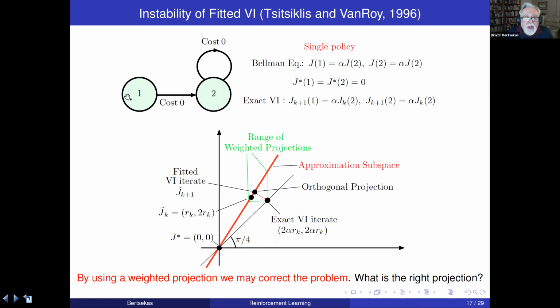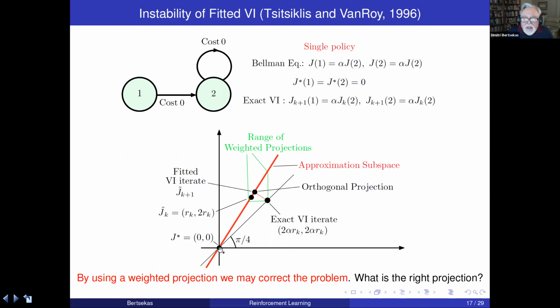Okay, so here there are two states, right? 1 and 2. So this is J1 and this is J2. And the optimal cost vector is 0, right? Let's consider value iteration and then approximating the iterates on this subspace.